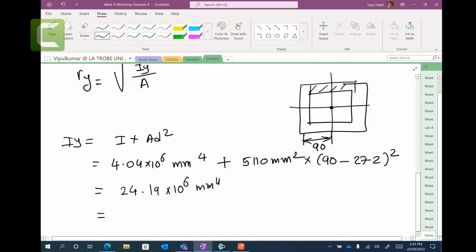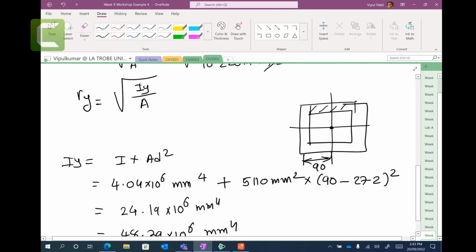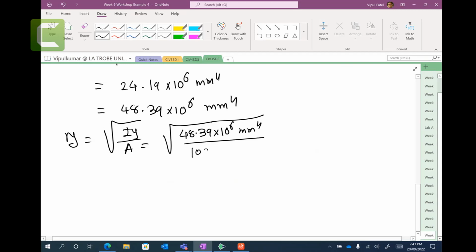We have 2, so multiply by 2, you get 48.39 times 10 raised to 6 millimeter to power 4, and Ry equals square root of Iy on area. 48.39 times 10 raised to 6 millimeter power 4 on the gross area 10220 millimeter square.